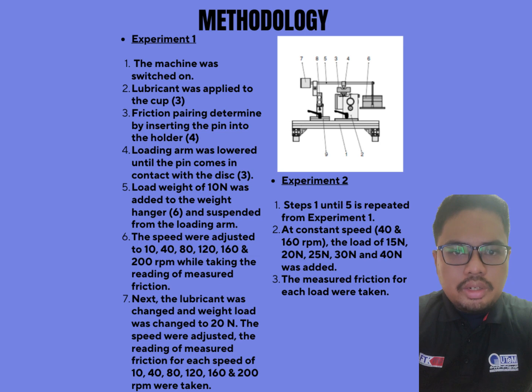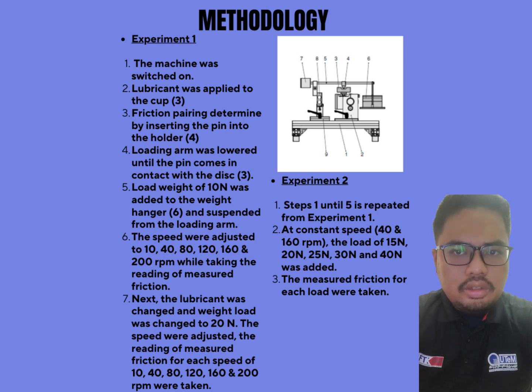So in experiment 1, the machine was turned on. The lubricant is applied to the pin and the disc. The friction pairing is determined by inserting the pin into the holder. The loading arm is lowered until the pin is in contact with the disc. The load weight is constant at 10 Newton, and the speed is adjusted from 10 rpm to 200 rpm while taking the reading of measured friction.